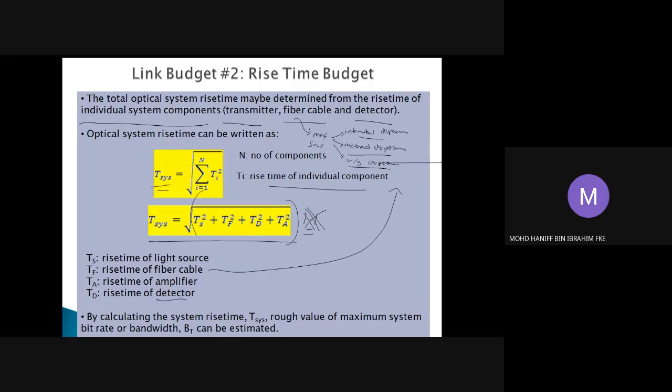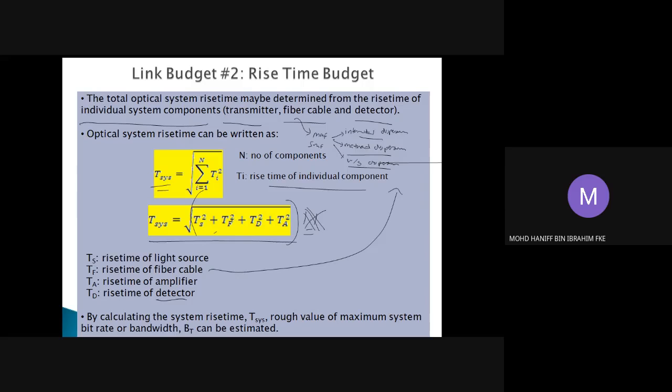So for this particular case, I will just use this equation without the 1.1 constant. We agree that the total rise time of the optical system is going to be calculated based on this equation, which is the square root of the sum of the rise time of each component squared.